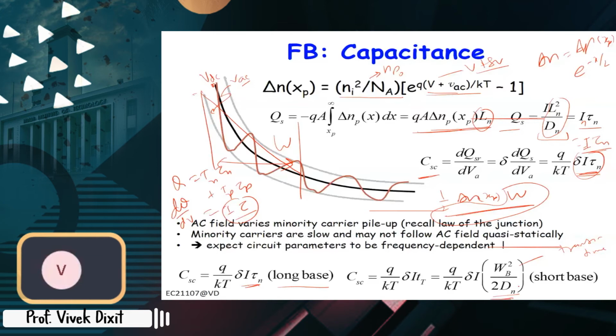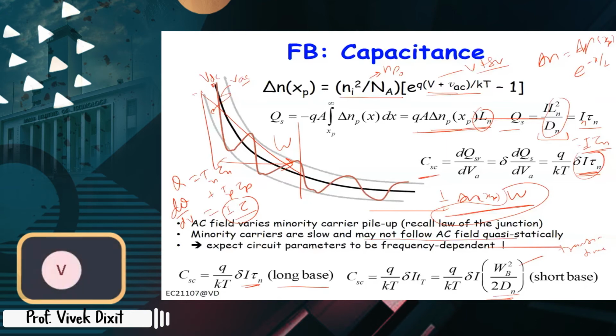This is basically called transit time, the time it takes for the minority carrier to cross over the base region. So for short base, the expression for capacitance changes like this. Now if you notice here, for different frequency, the response will be slightly different, because these minority carriers are slower to respond.